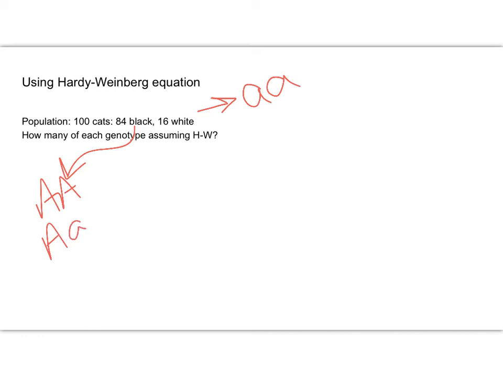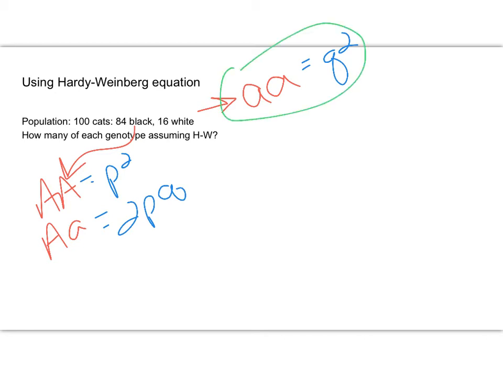And if I think back to my equation, little a, little a is equal to q squared. Big A, big A is p squared, and big A, little a is 2pq. So based on this information, I can choose to either work with this recessive information over here, or I can choose to work with this looking dominant information.